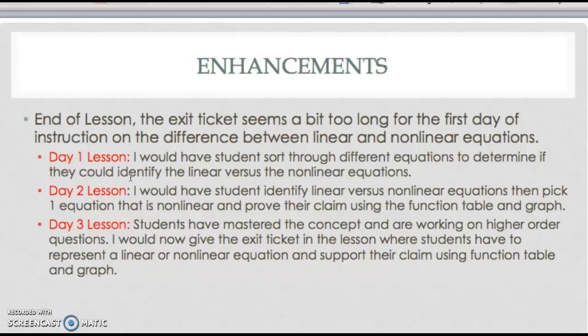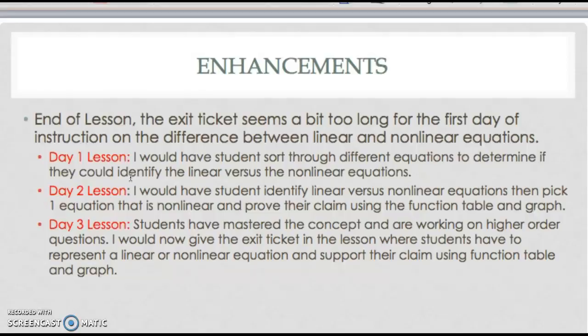Then for their exit ticket, they will still identify linear versus nonlinear equations, but then they can pick a nonlinear equation and prove their claim, looking at the function table and the graph that supports that this particular equation is nonlinear.